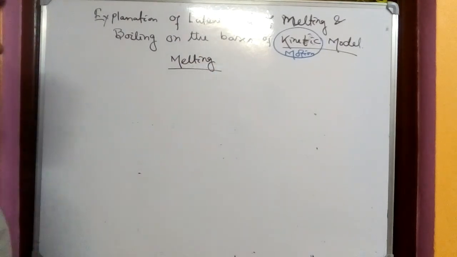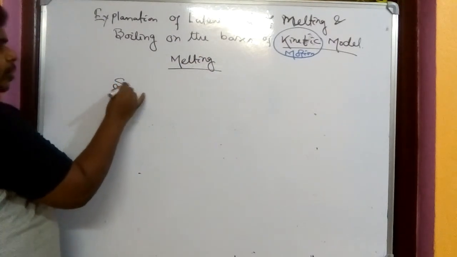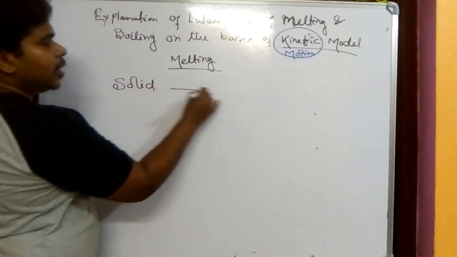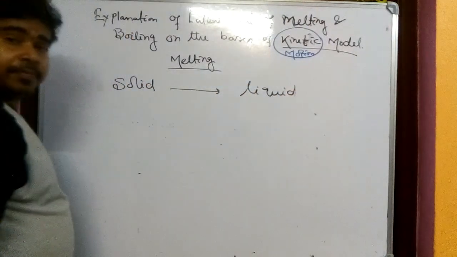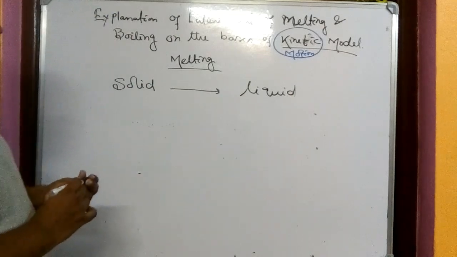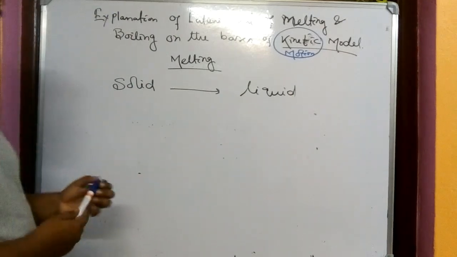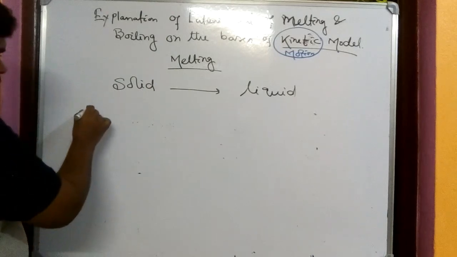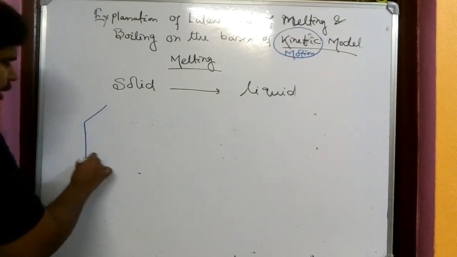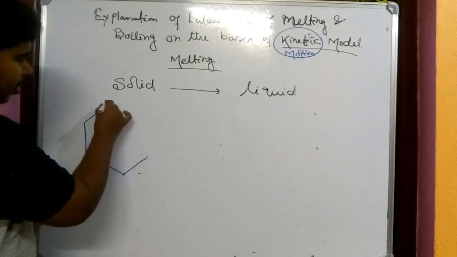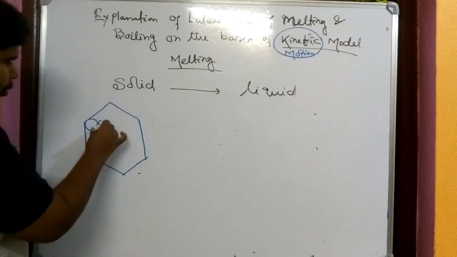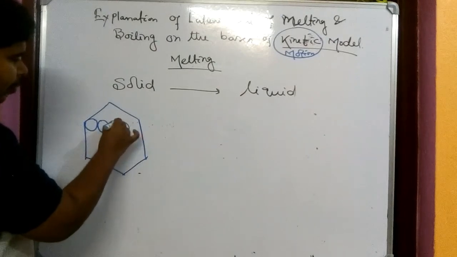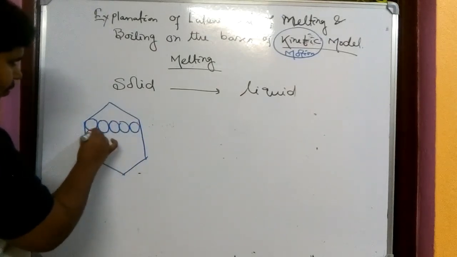Melting is the process, at a constant temperature, when solid is converted into liquid, that we all know. Now I'm coming to the structure of solid. If I am studying the intermolecular structure of a solid, we all know the molecules are very closely packed in a solid, right?